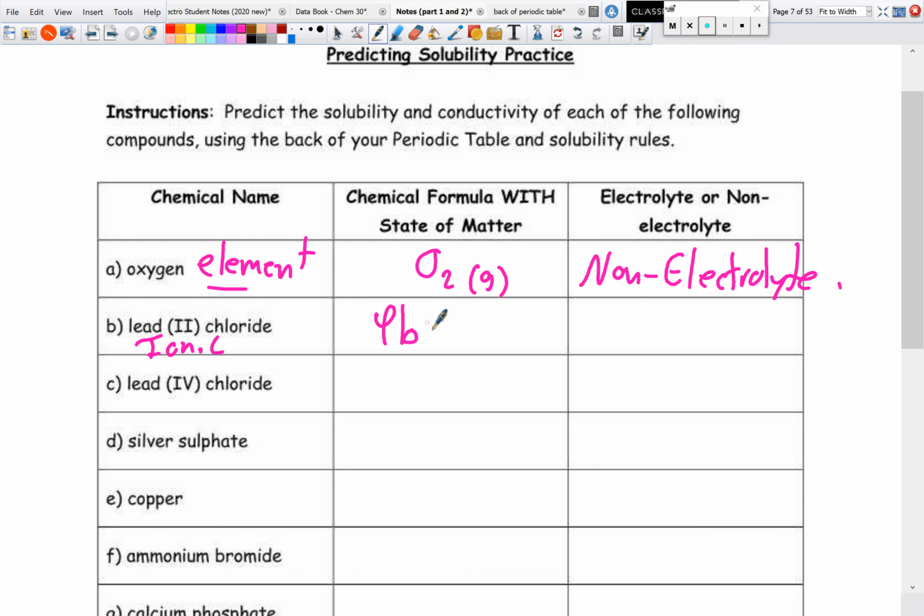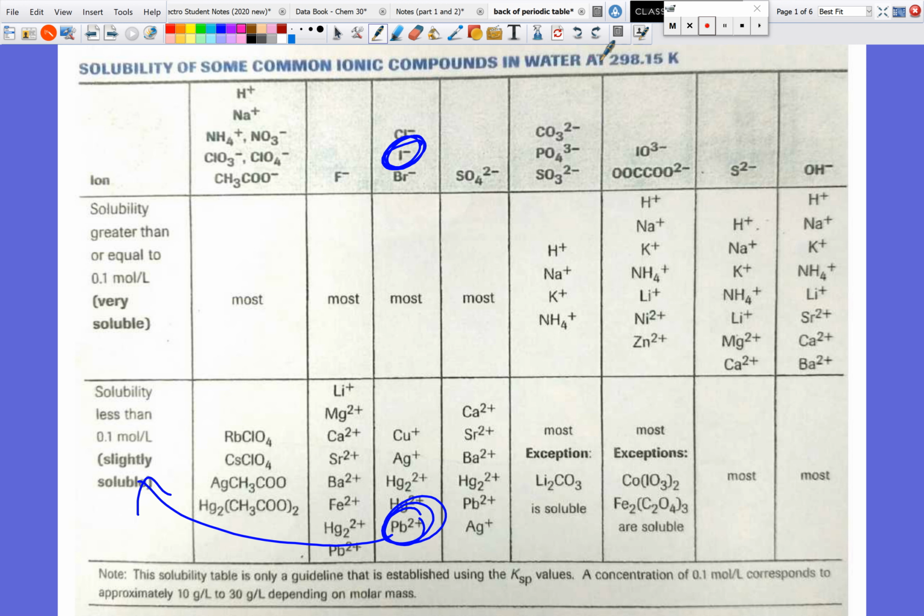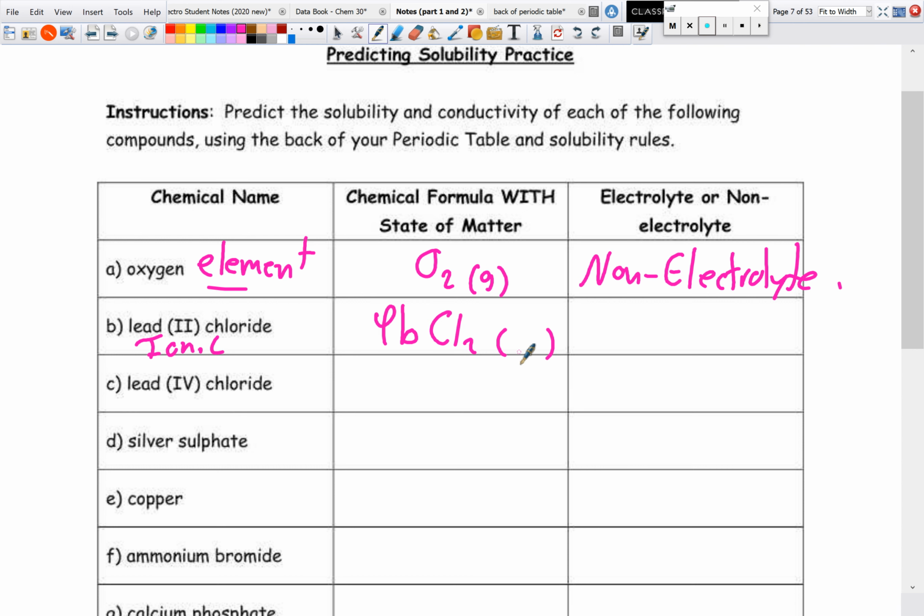So the chemical formula is PbCl2. Now you have to check the ionic compounds to see if it is soluble or not. So we go back, we have our chloride and lead is all the way down there, so slightly soluble, right? That means it's going to stay as a solid and also be a non-electrolyte.